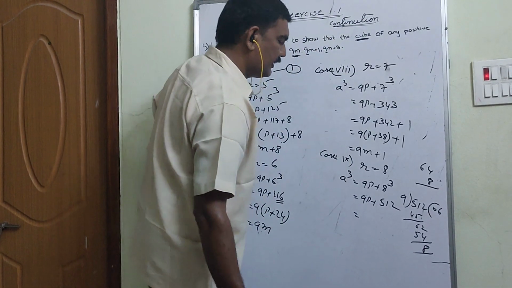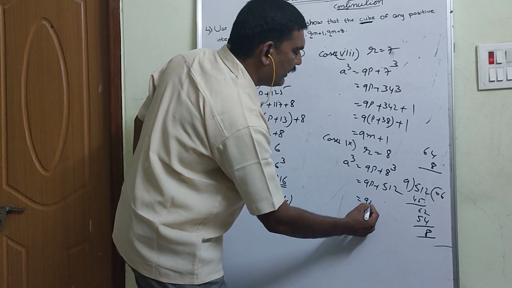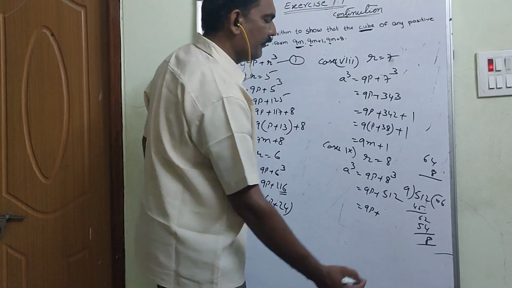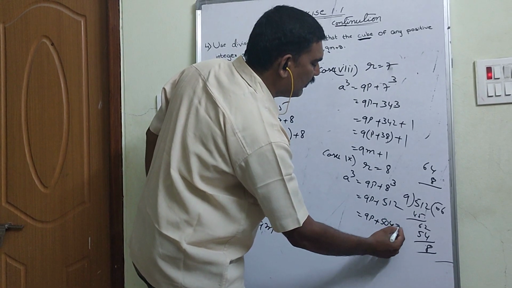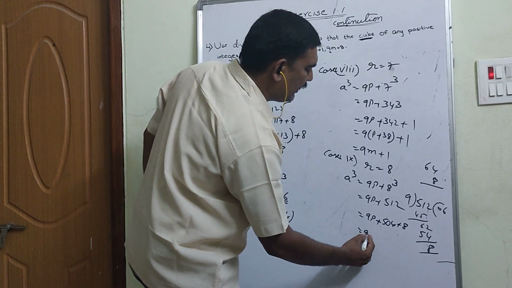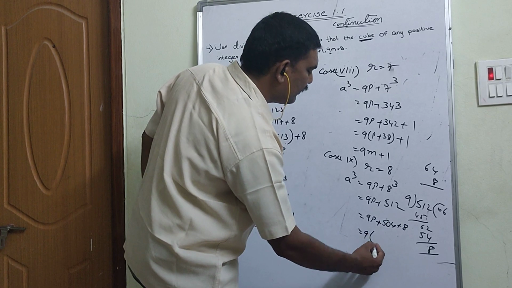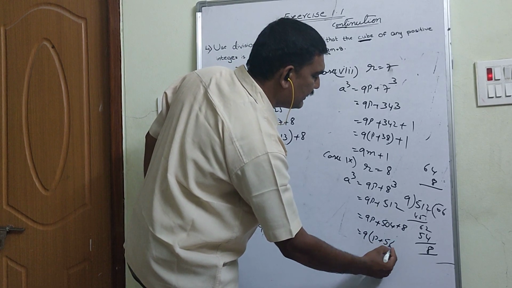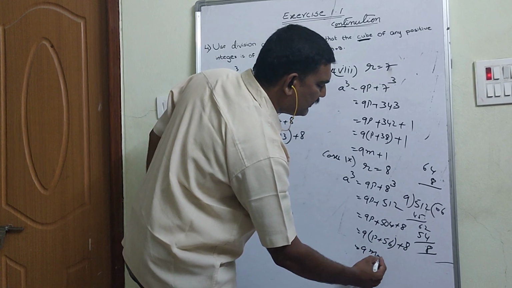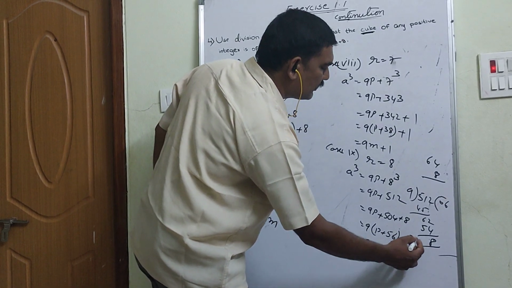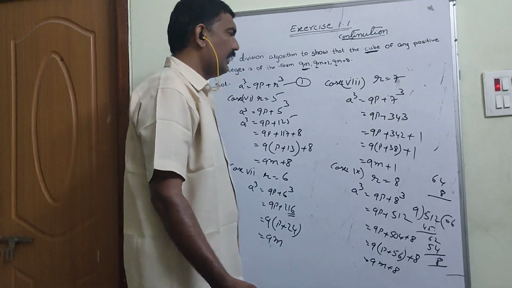You are getting 8. So here what you have to write is 9p plus 8, means here 504 plus 8. 9 if you take as common from these two, 9 into p plus 56 plus 8. 9m plus 8. So you have to assume p plus 56 as m.